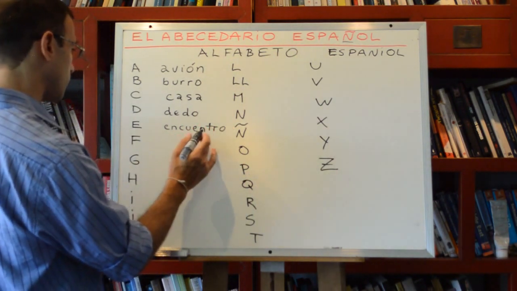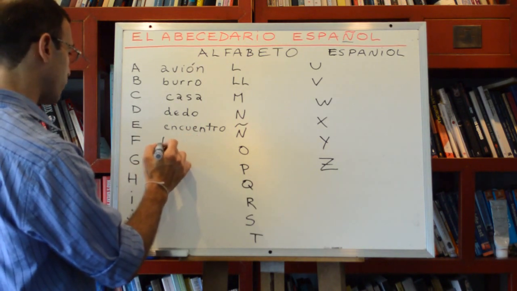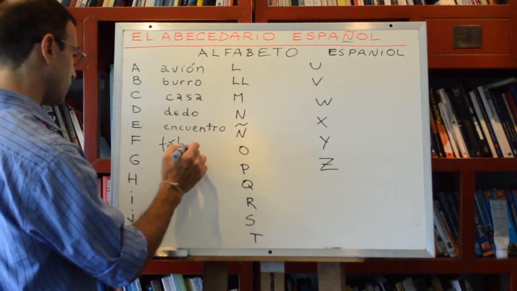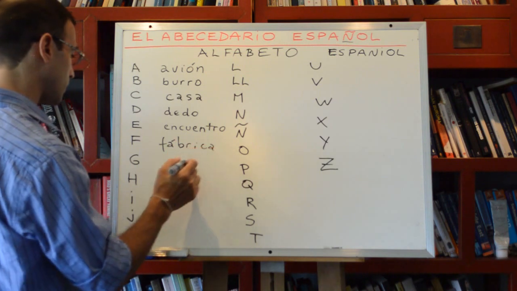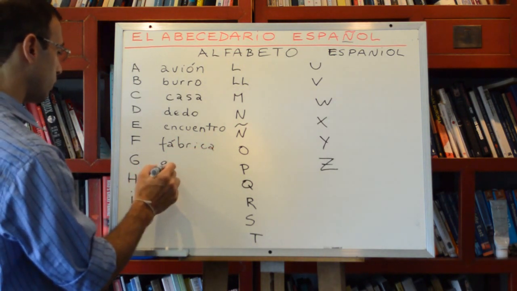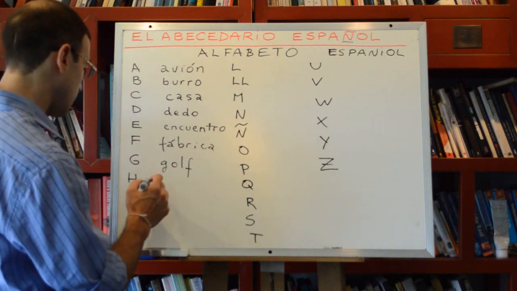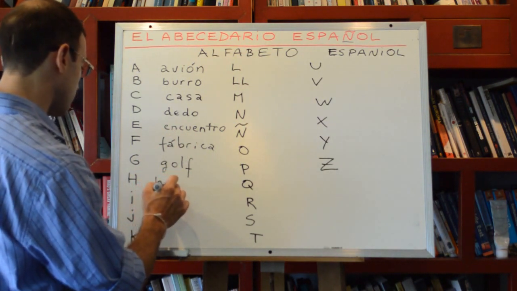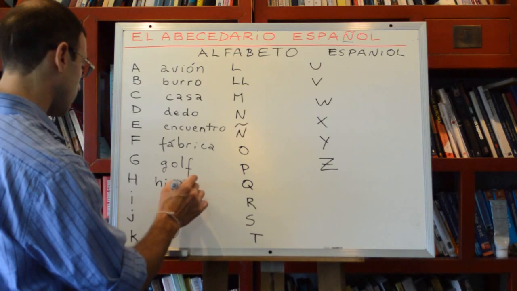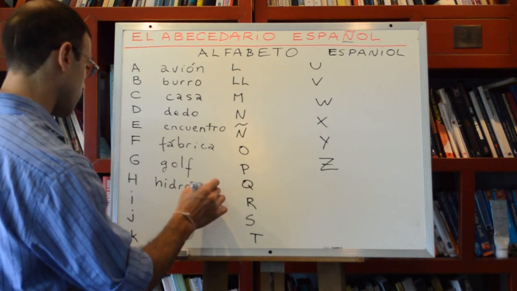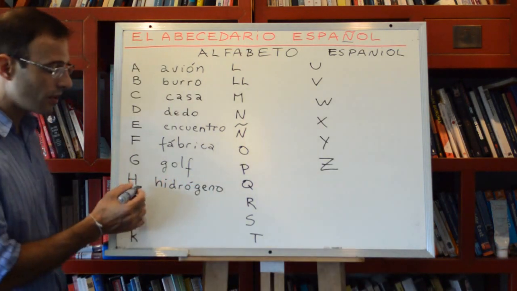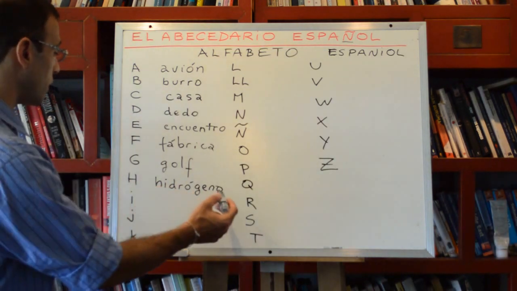Fábrica, for factory. Golf, for golf, of course. Hidrógeno, for hydrogen. You see how H is mute.